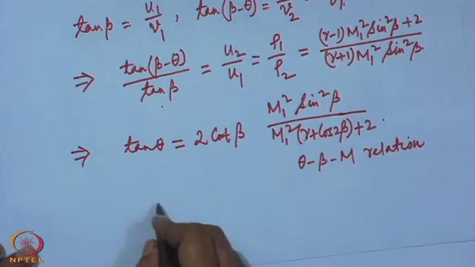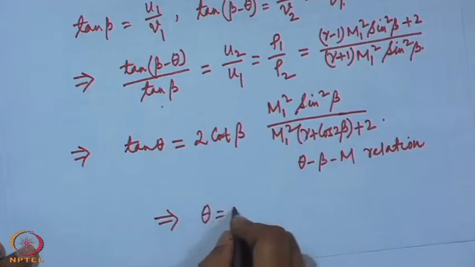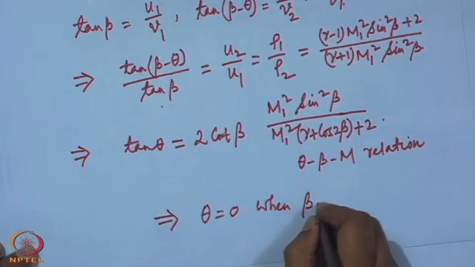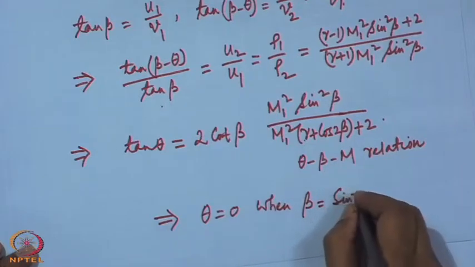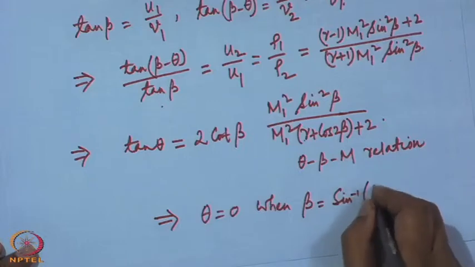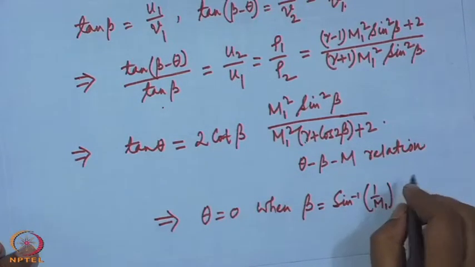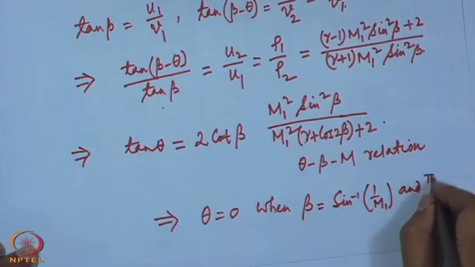This shows that theta equal to 0 when beta equal to sin inverse 1 by m 1 or pi by 2.